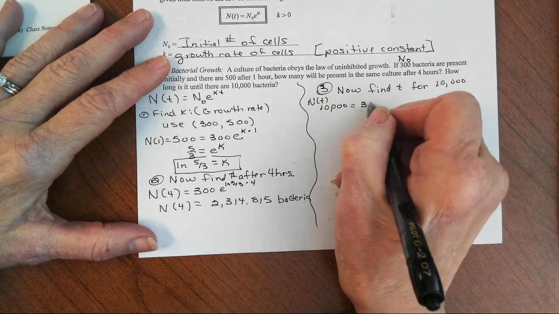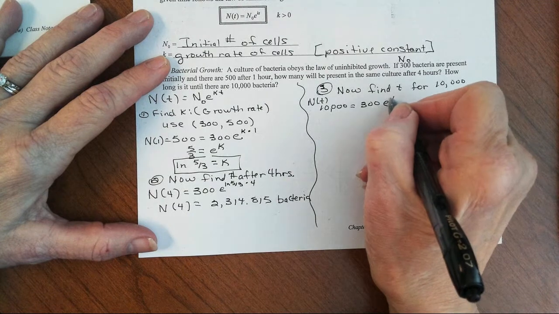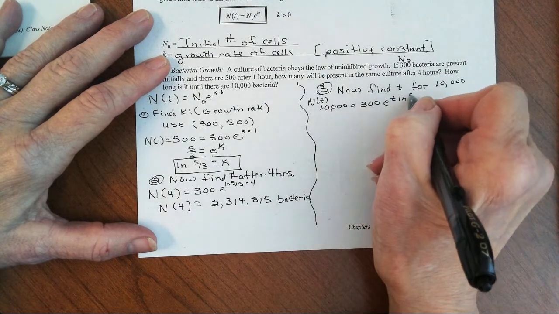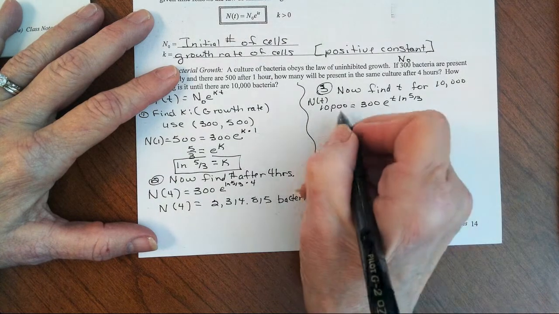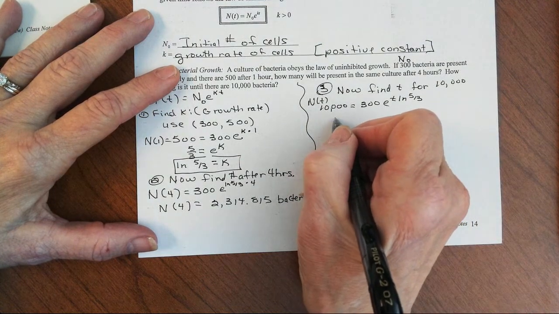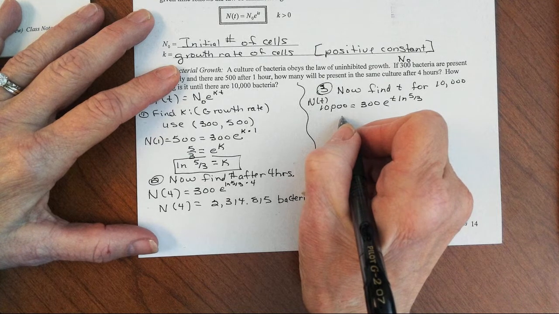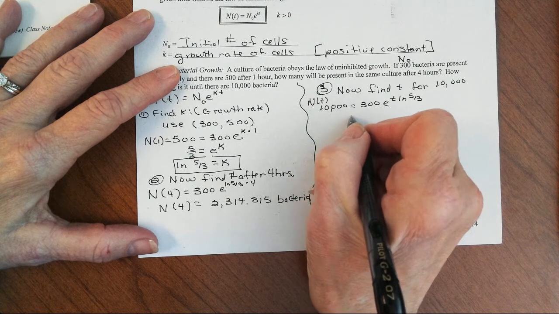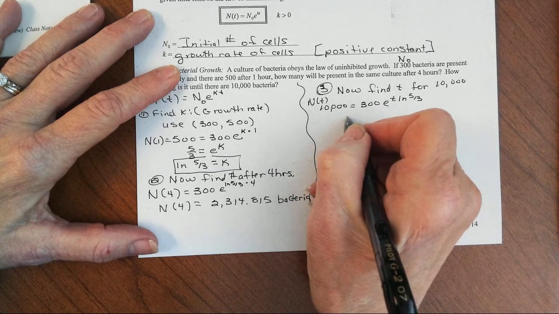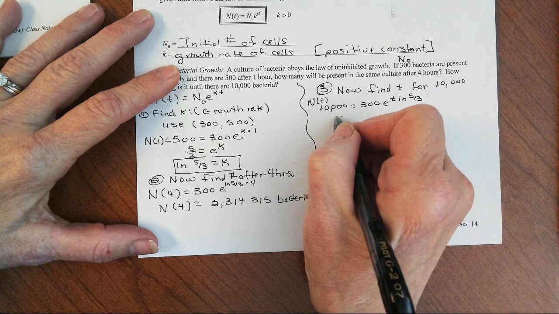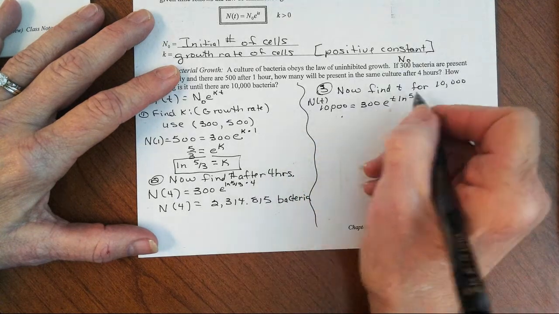Again, we start at 300 times e to the t times the ln of 5/3. We divide both sides by 300, and after reducing, we end up with 100 over 3.